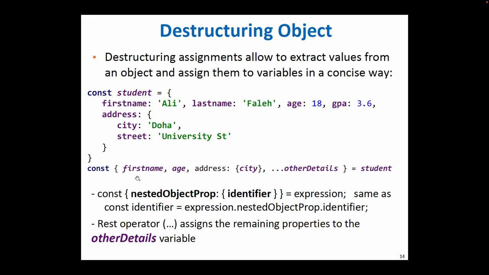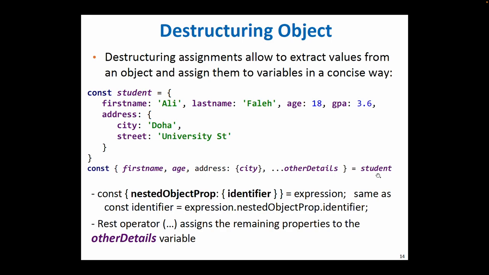Well, again, between curly brackets, I need first name, age, and the city. But the city is under address. So I need to say under address, I need the city, and whatever is left, I will put in this other details variable. Then I say that is equal to student.